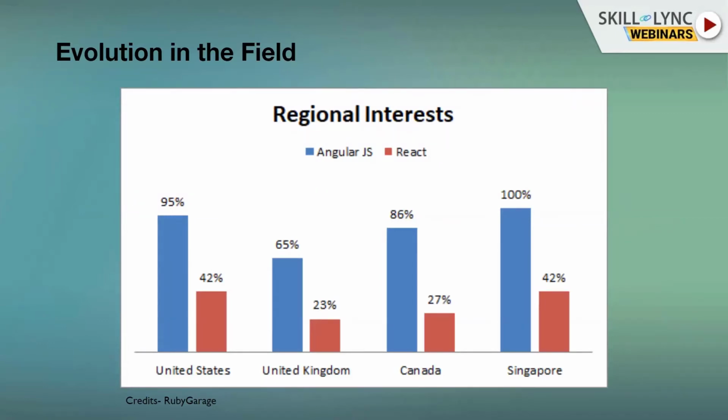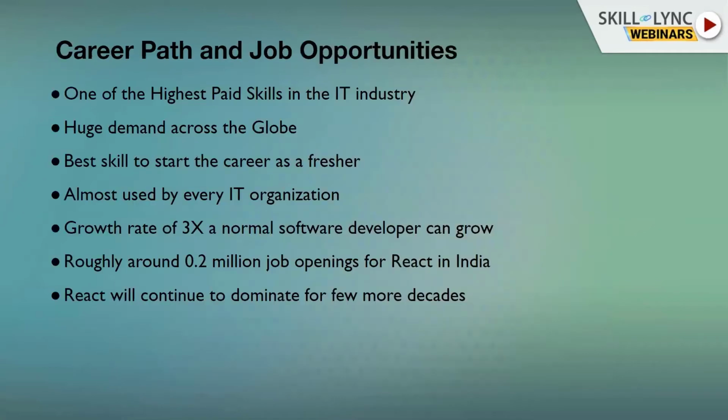If you see here, in 95% of cases, in the United States, United Kingdom, Canada, Singapore, you can see the clients have adopted React over Angular. This is the regional interest for React versus Angular. So this is just an overview about React versus Angular, and we can move to the next screen.